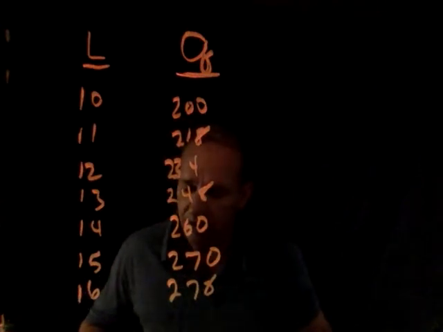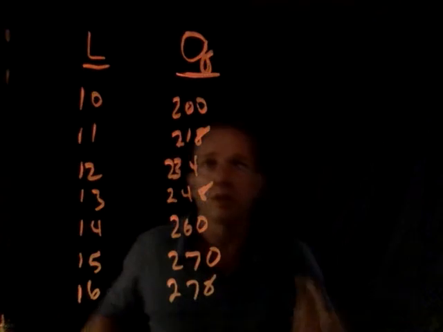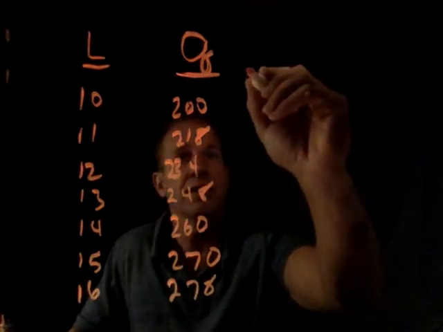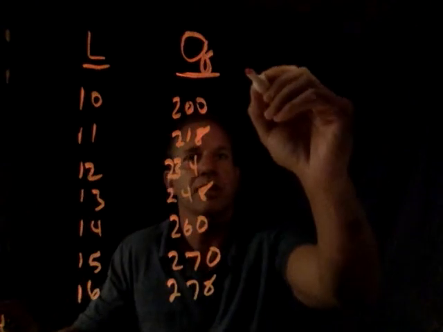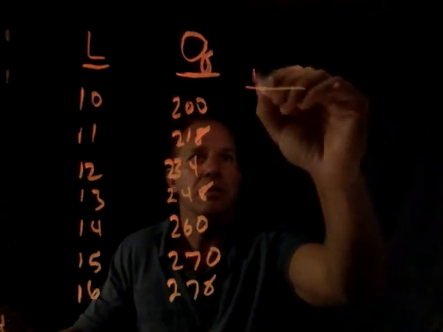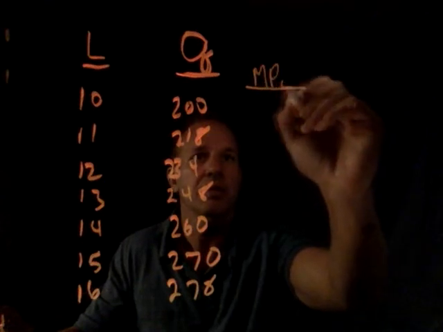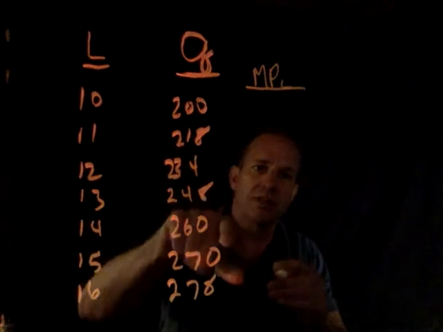So the first thing I need is the marginal product of each worker. So the marginal product of labor, I like to sort of step down from the row a little bit, because that helps me see that it's in transition from here to here.